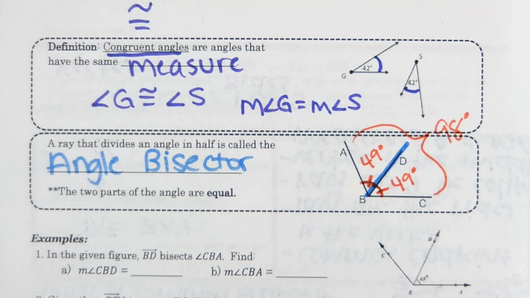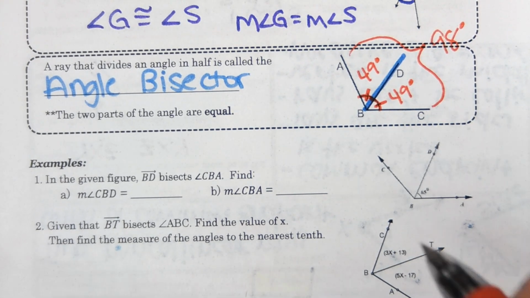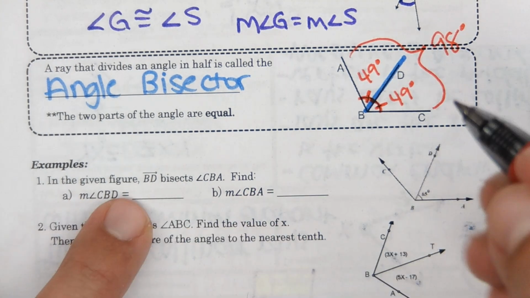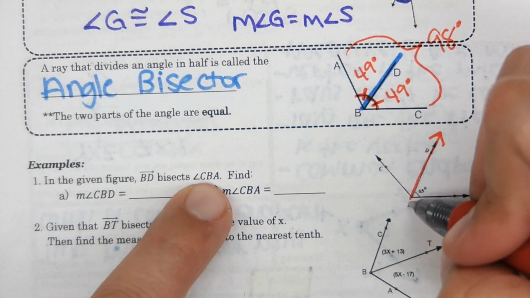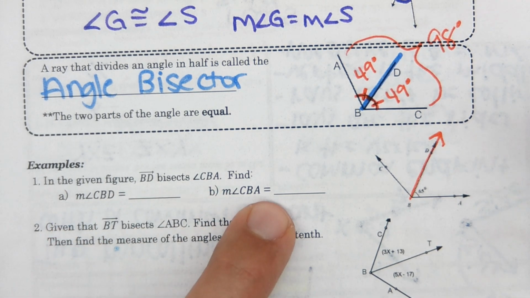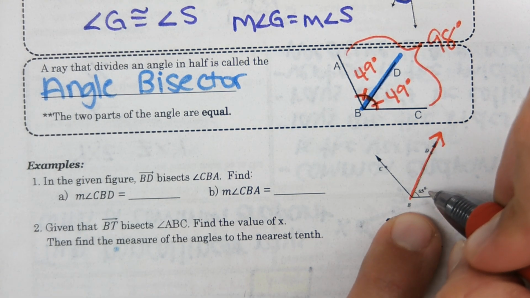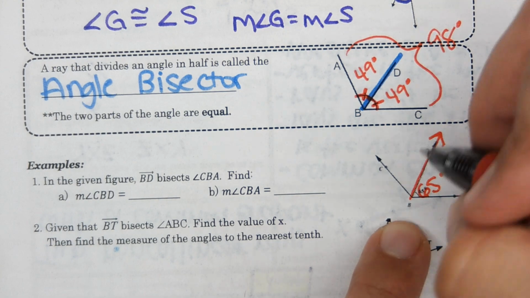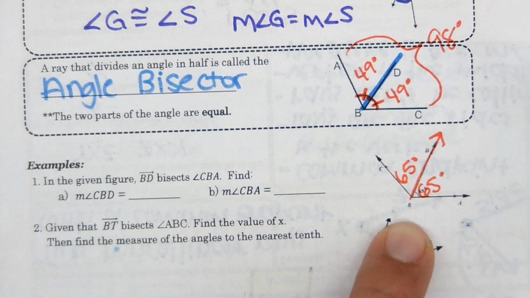Okay, next. So here are some examples with that. It shows an angle here. It says in the given figure, BD, so this ray right here, bisects CBA. Find the measure of CBD and CBA. Well, it shows 65 degrees. I know it's really tiny, but it shows 65 degrees here. If this is 65 degrees and this is an angle bisector, then this has to be 65 degrees.